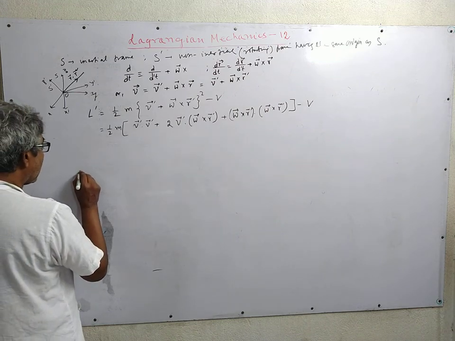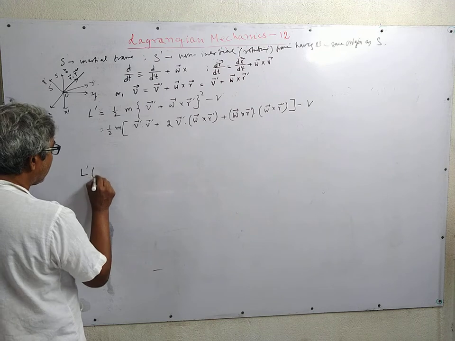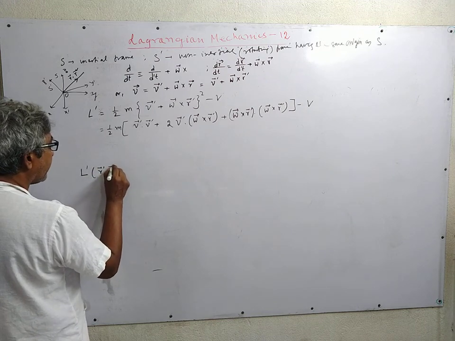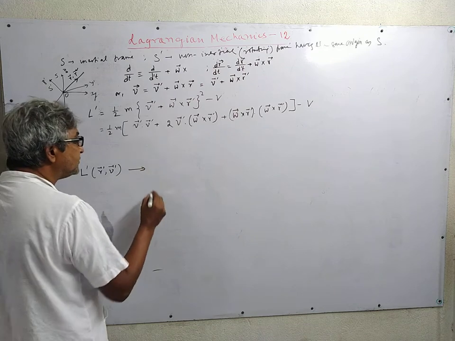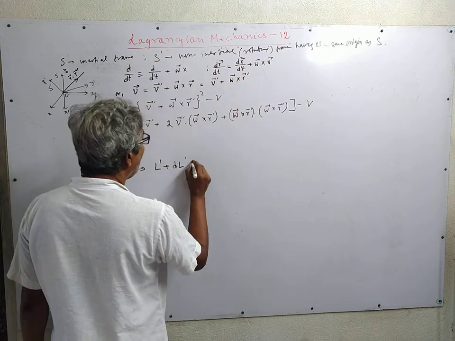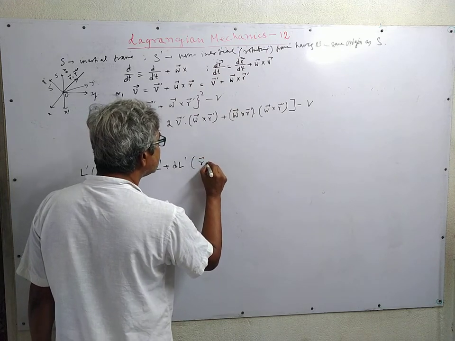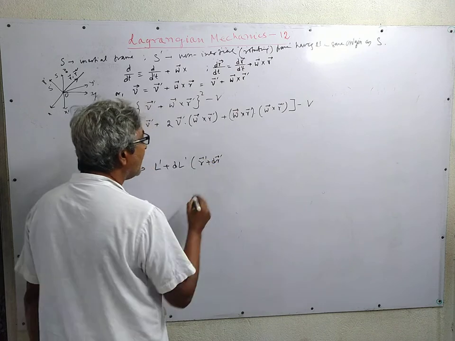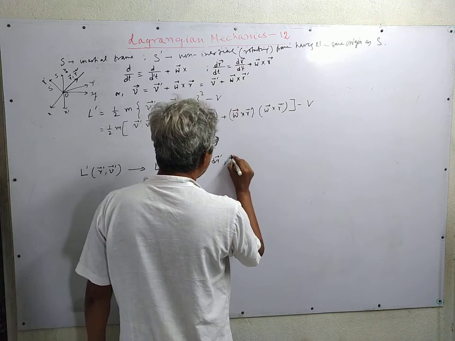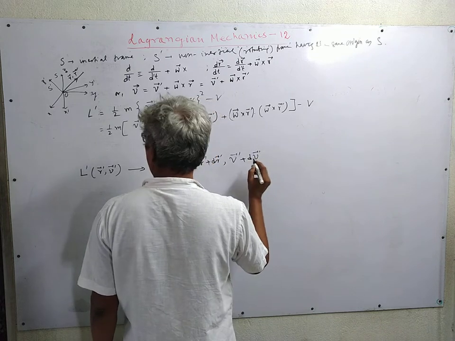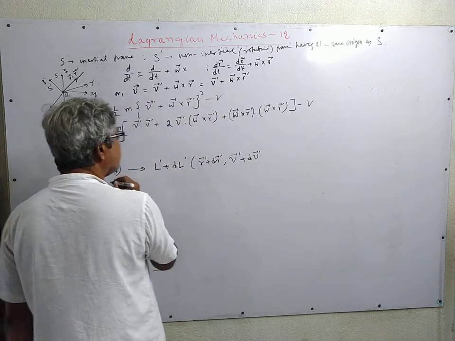That means that the Lagrangian was L' with r' and v'. Now the Lagrangian changes to L' plus dL' when r' changes to r' plus dr', and v' to v' plus dv', and obviously t is there.